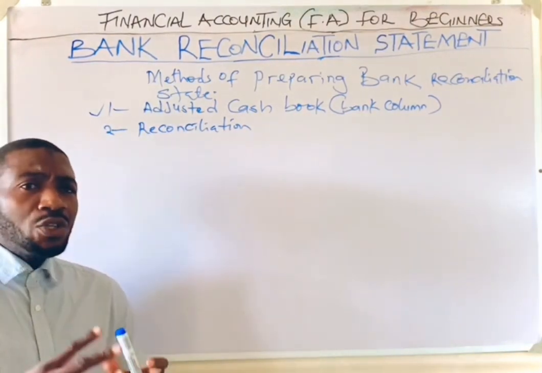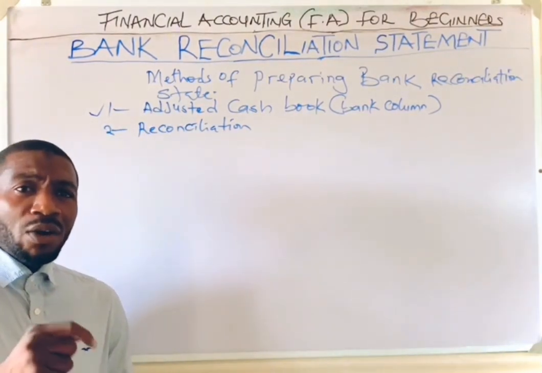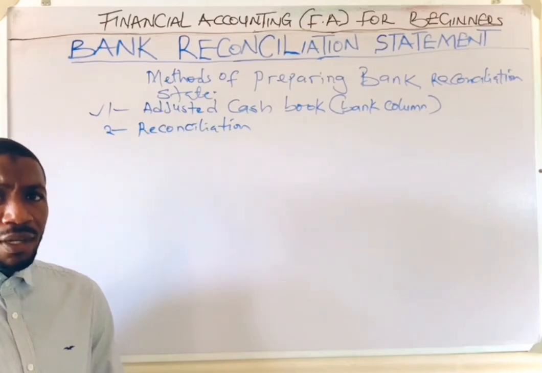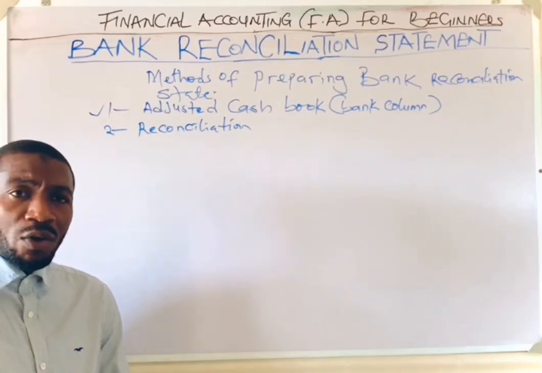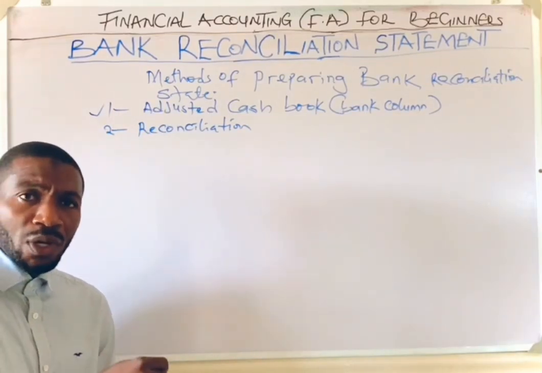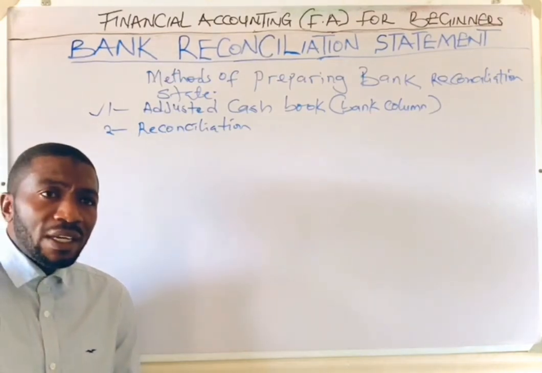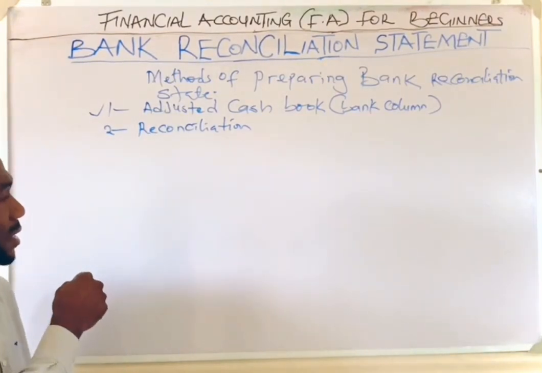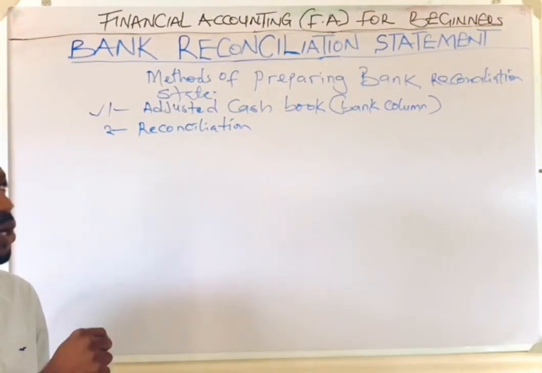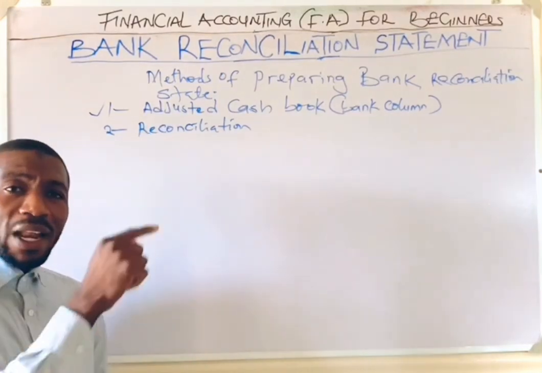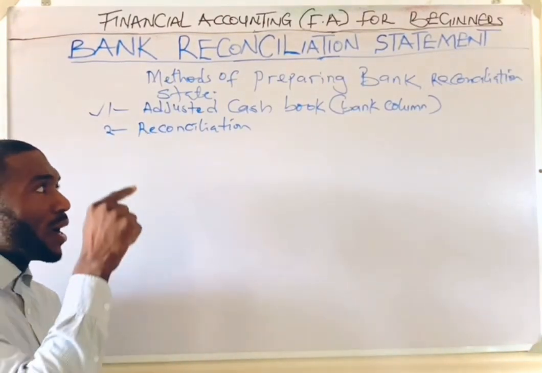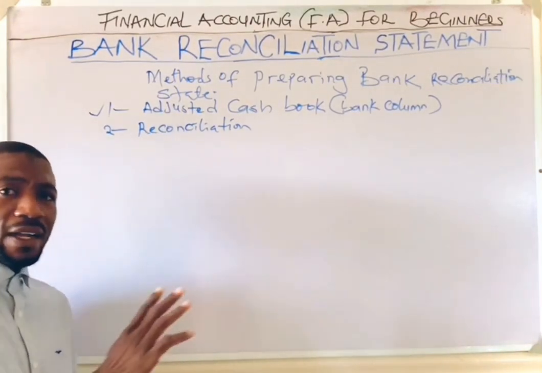We are going to adjust our bank column in the cash book. The balance in our bank column in our cash book, we are going to adjust it because the balance in the bank column of our cash book does not agree with the balance in our account in the bank.